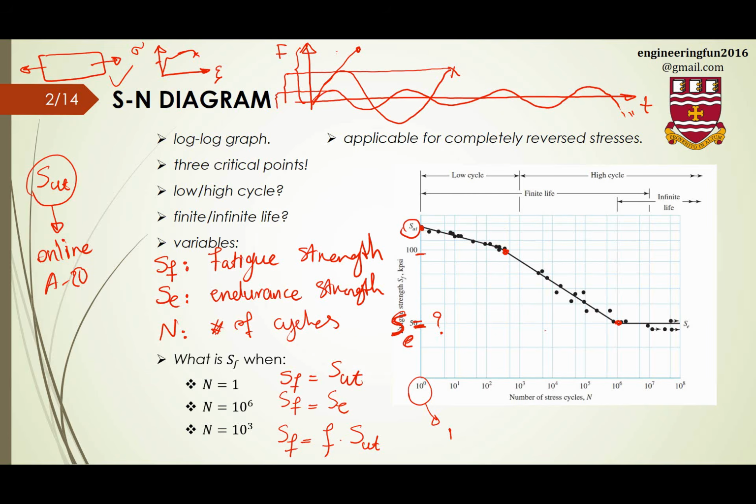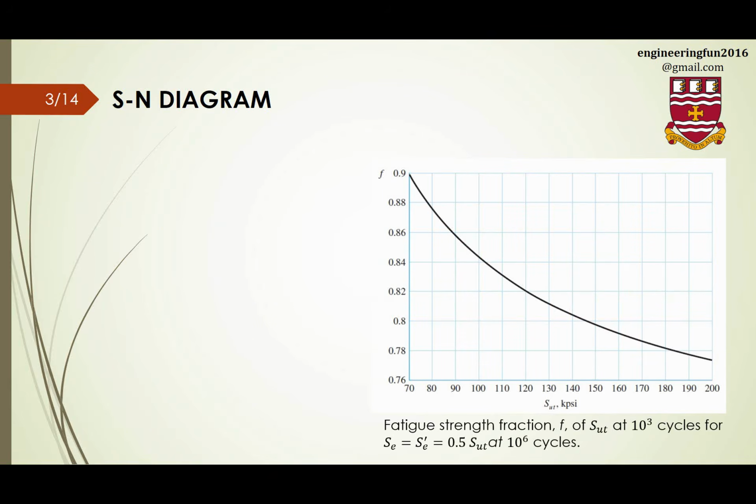We don't have any problem with SUT. So once we find SUT, we can find SF for the first point, and in order to find SF for the second point, we need to know this F. When we multiply F by this SUT, we find SF for the second point. And this graph is used when you want to find that fraction.